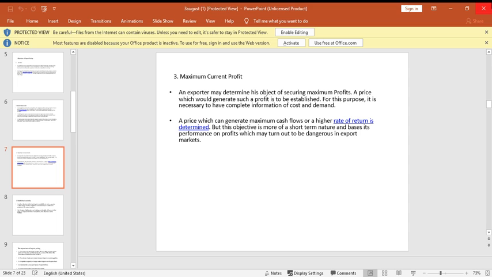For this purpose, it is necessary to have complete information on cost and demand. A price which can generate maximum cash flows or a higher rate of return is determined. But this objective is more of a short term nature and bases its performance on profits, which may turn out to be dangerous in the export market.